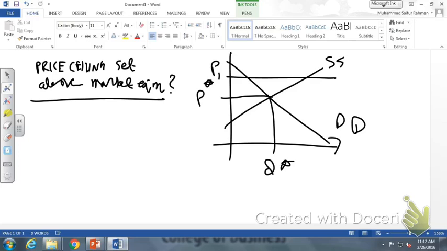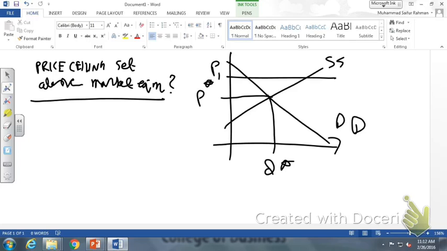I want to connect your idea with the idea he proposed. It is true that below P1, any price can be negotiated between the buyer and the seller, whether it's a price very close to P1 or very low, close to zero.